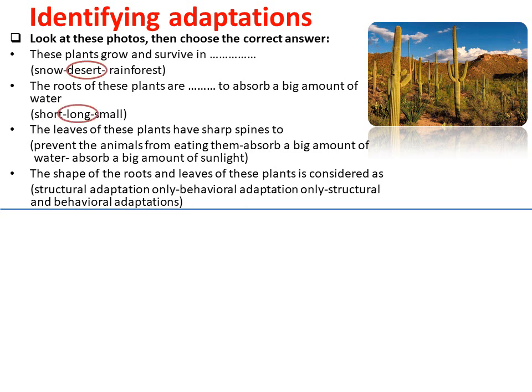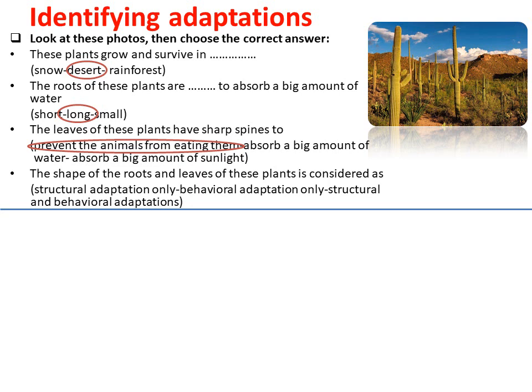The leaves of these plants have sharp spines to prevent the animals from eating them, or to absorb a big amount of water, or to absorb a big amount of sunlight. No, we said that sharp spines are to prevent animals from eating them. Finally, the shape of the roots and leaves of these plants is considered as structural adaptation only, behavioral adaptation only, or structural and behavioral adaptations.